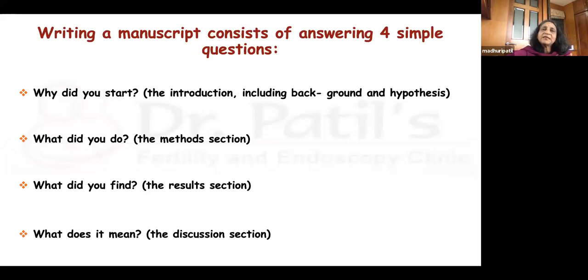And probably it's best to have a separate conclusion section, because the conclusion section should only give importance to your results. Whereas in a discussion section, we can compare our results with other studies published earlier.